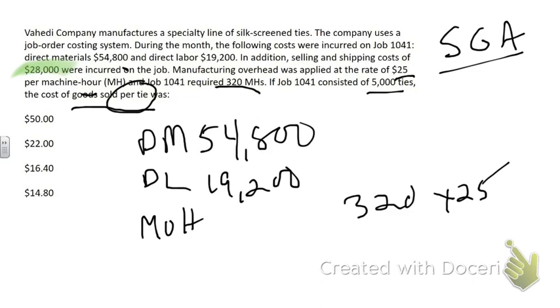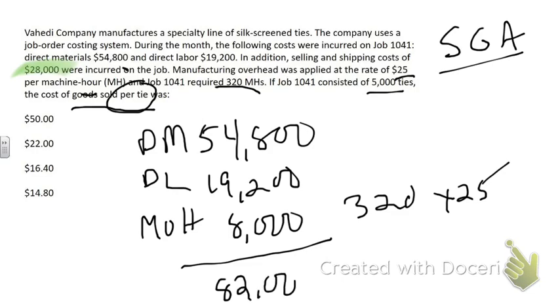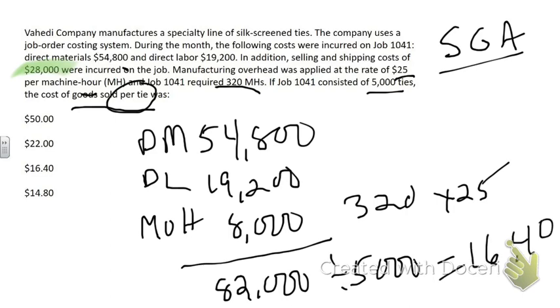And if my math is correct, that's going to be 8,000. So my total manufacturing costs are going to be 82,000. When I add all those items up, I produced 5,000 ties. And so since I produced 5,000 ties, that means each tie cost me $16.40.